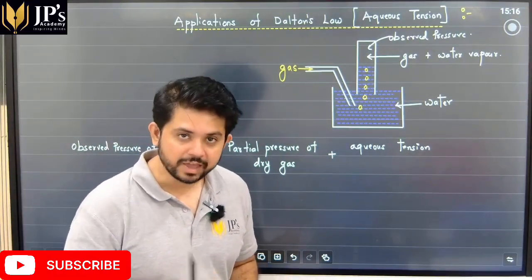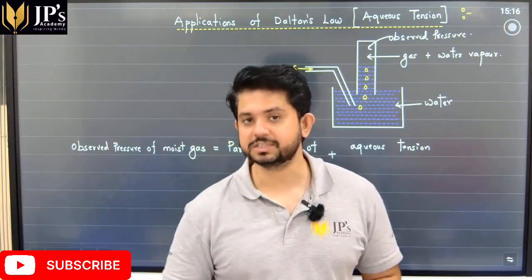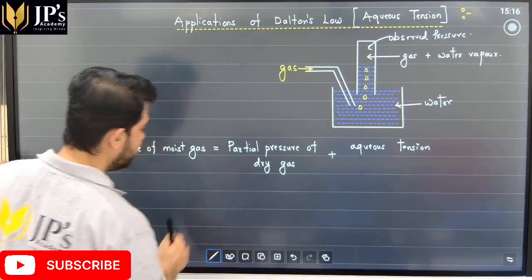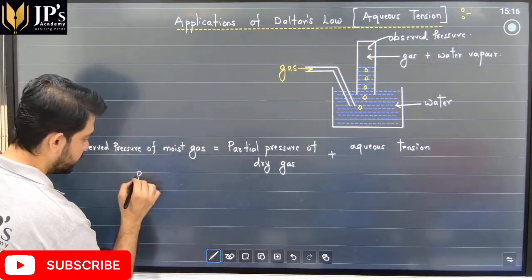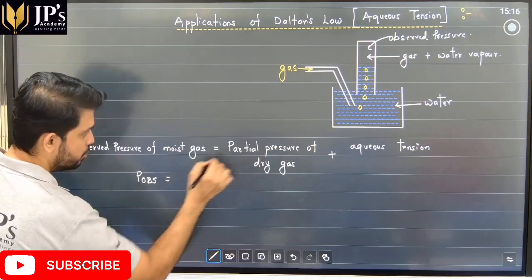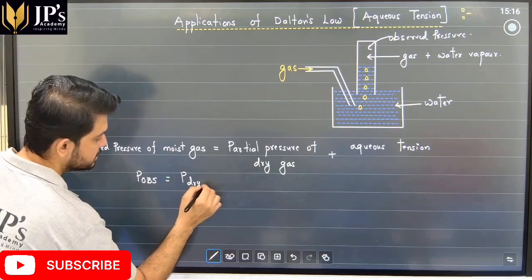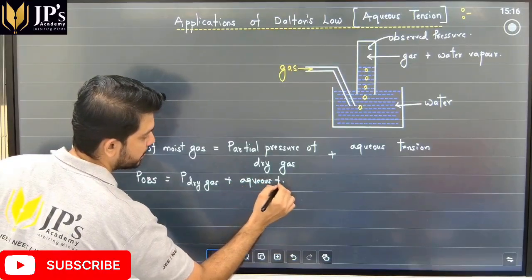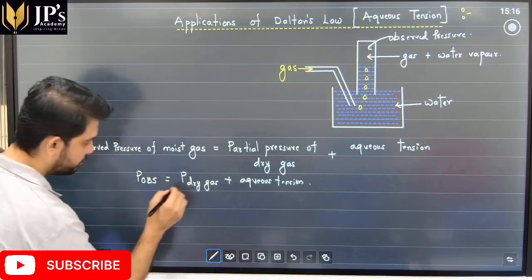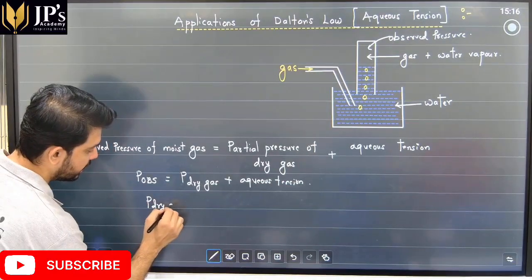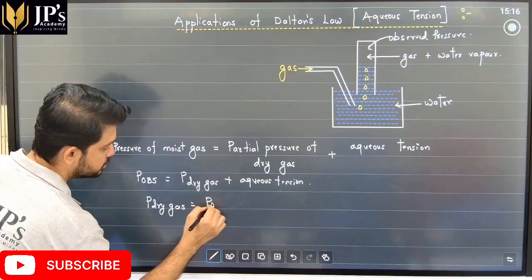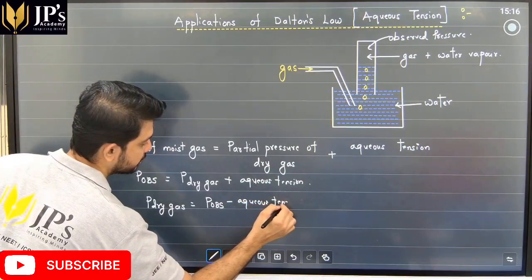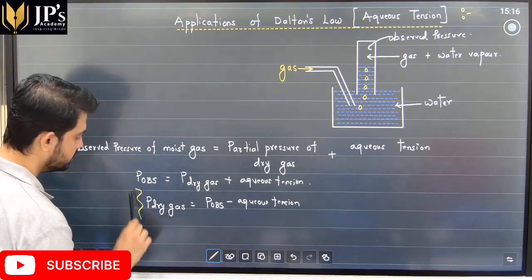Hence, whenever we're collecting gas by downward displacement of water, we have to be careful that the observed pressure of the gas, which is moist gas, will be the partial pressure of the dry gas plus aqueous tension. From here, we can find that the partial pressure of the dry gas will be the observed pressure minus aqueous tension. Very important for numericals in JEE and NEET.